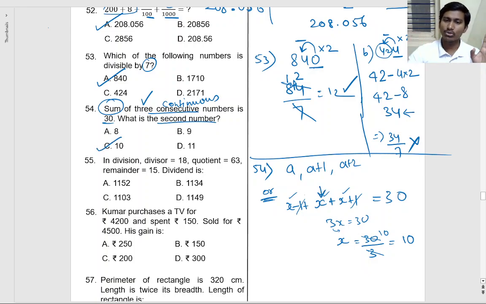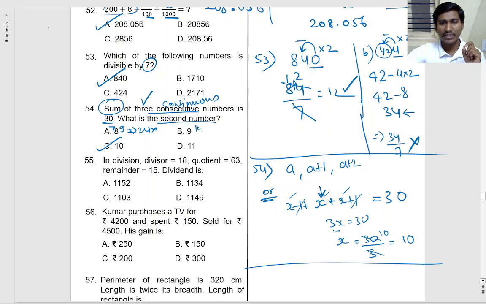Or you can go with the options. How should you go with the options? If you take the middle number 8, before that will be 7, and next will be 9. So 7 plus 8 plus 9 is how much? They are telling us the sum is 30. 7 plus 8 is 15, 15 plus 9 is 24. So it is not 30, not possible. Go with option B, that is 9.